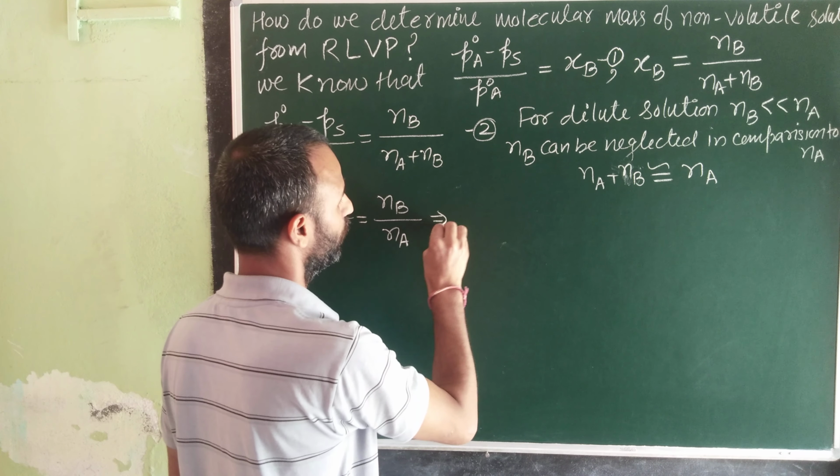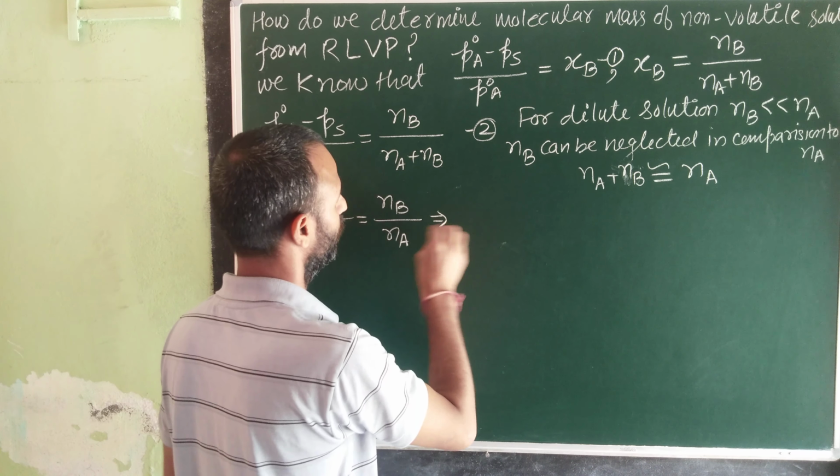Now you know Nb is equal to Wb over Mb, and Na is Wa over Ma.